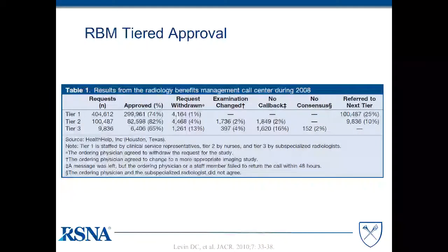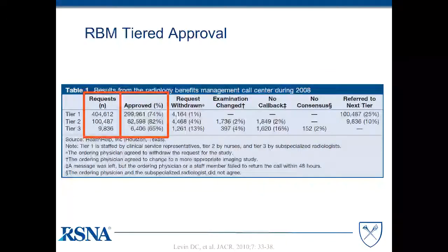Here's some work by Dr. Dave Levin studying the system in place at Health Help. You can see that most dispositions for requests for imaging studies are addressed at the clinical service representative level, with fewer going on to nurses if ordering physicians don't get approval for what they want or think they want, and even fewer yet going on to subspecialty physicians for the same reasons.